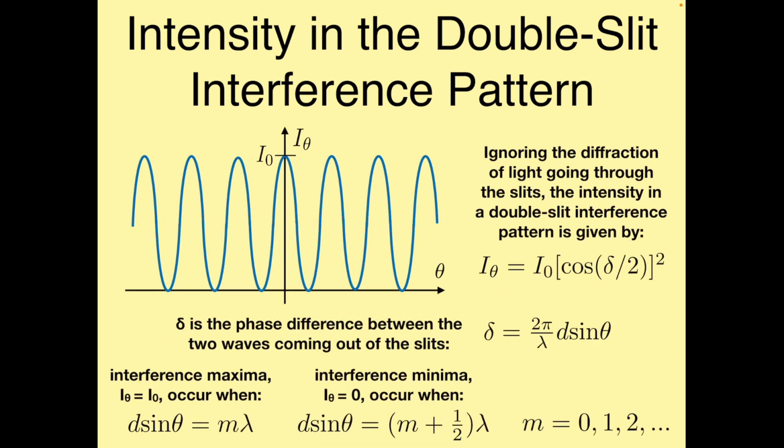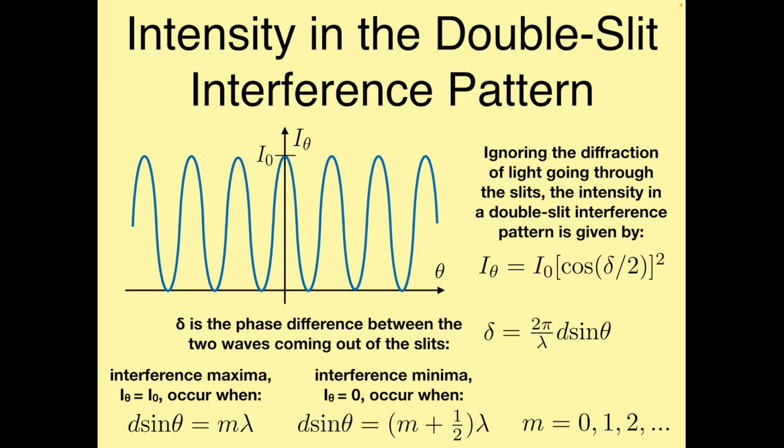Okay, so to summarize the result we just derived, we have I theta is equal to I0 times cosine delta over 2 all squared, where this angle delta is the phase difference between the two waves coming out of the slits. So delta, as we found, is equal to 2 pi over lambda times d sine theta.